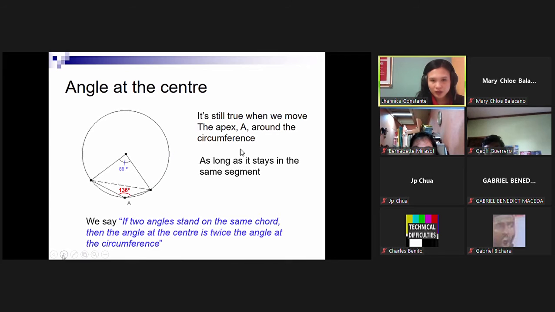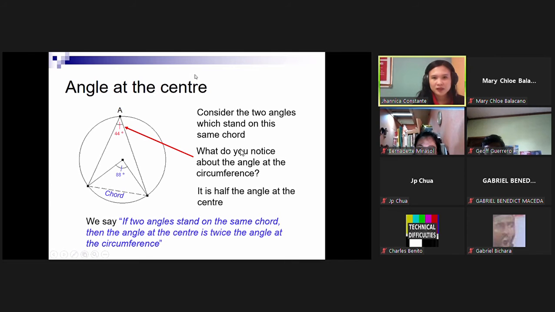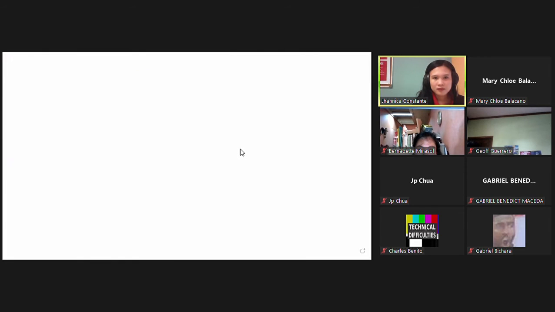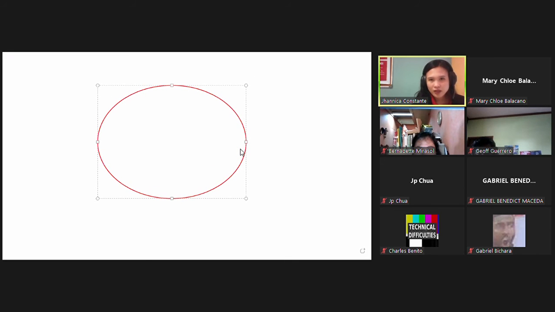we have this circle. So let's say we have a circle that has a central angle, a central angle that has a measurement of 84 degrees.